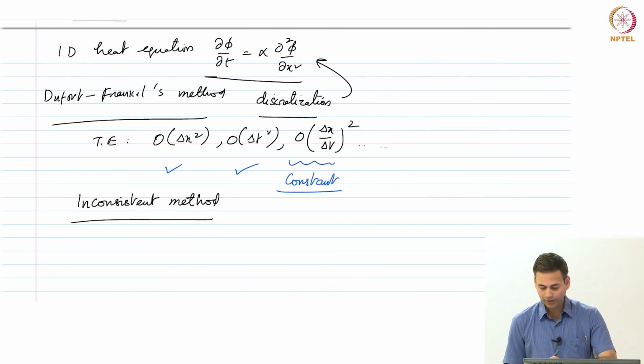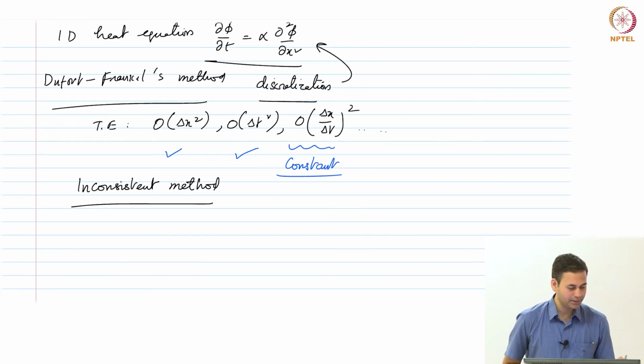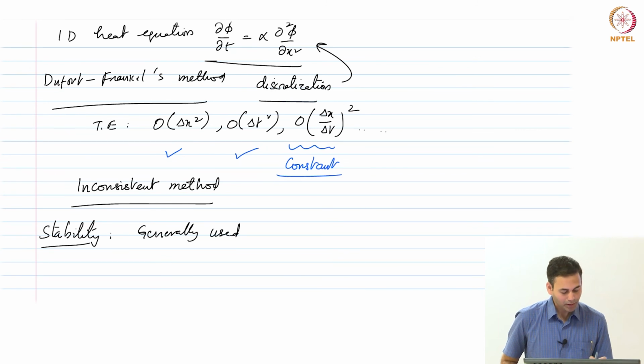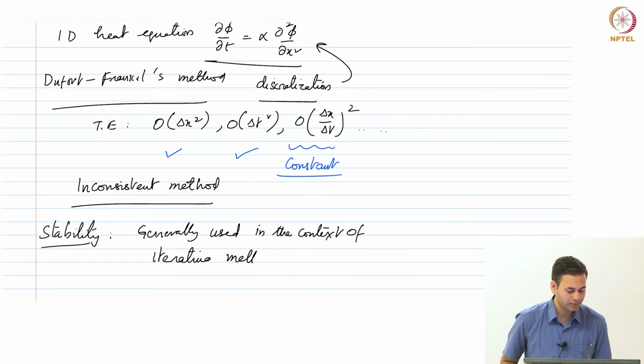Okay. Fine. Let us look at something known as stability. Okay. Stability is generally used in the context of iterative schemes, okay, or iterative methods.